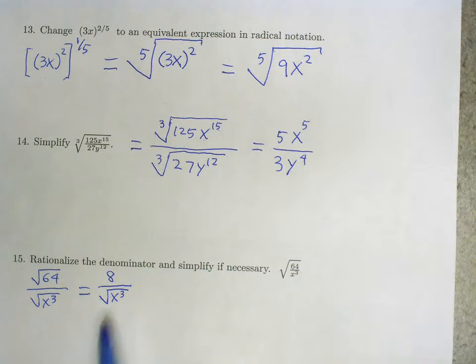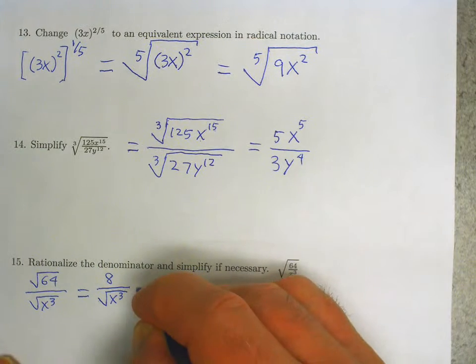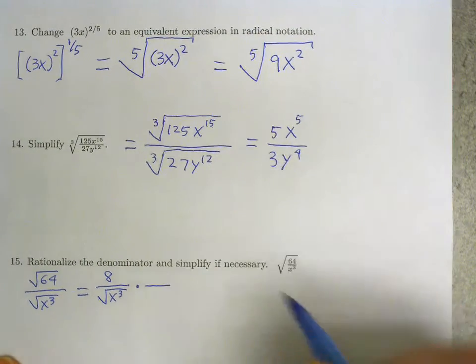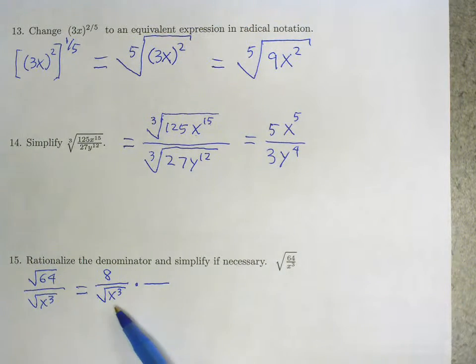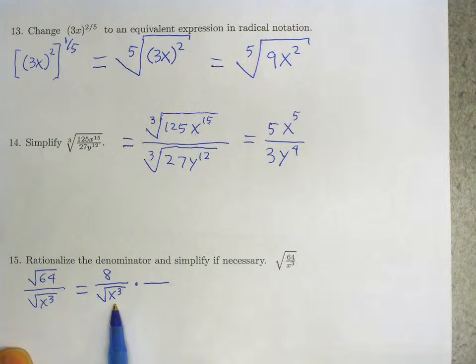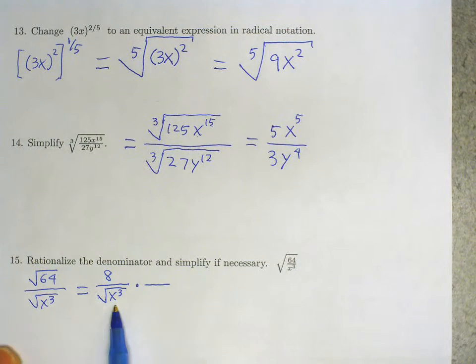The form that 1 takes is determined by what we're looking at in this denominator. Since it's the square root of something, we can ask, what would I have to multiply x to the third by to get a perfect square?